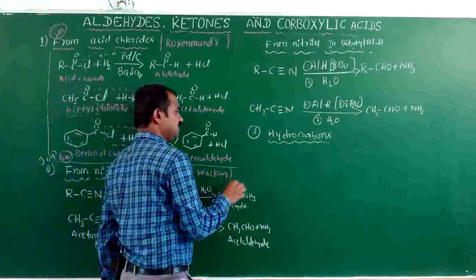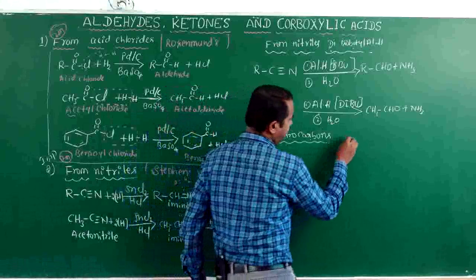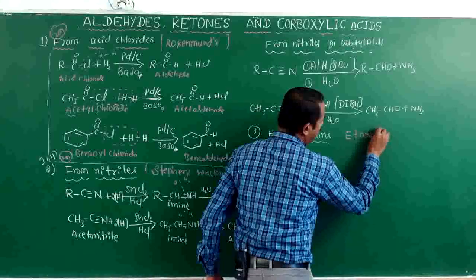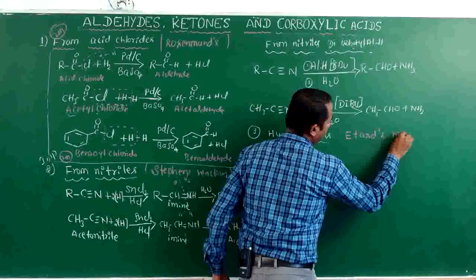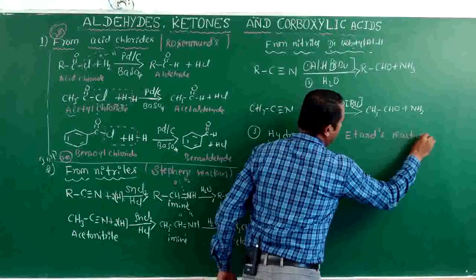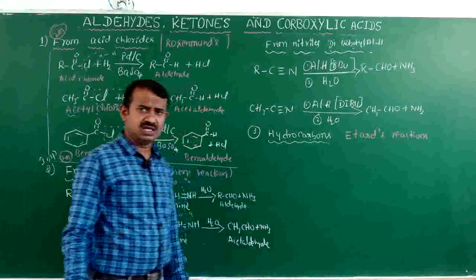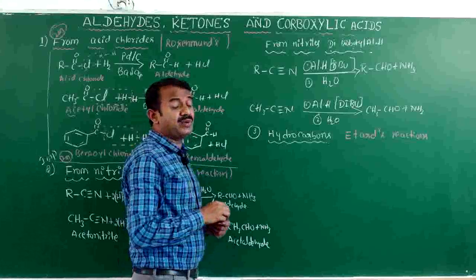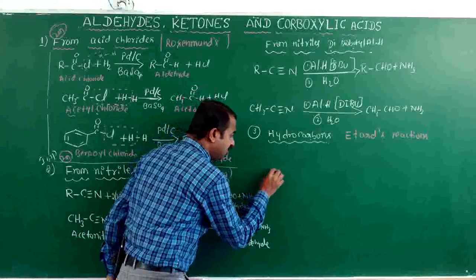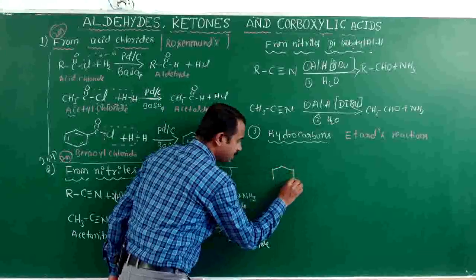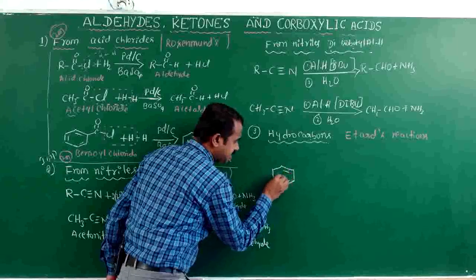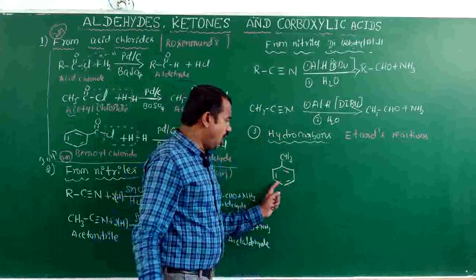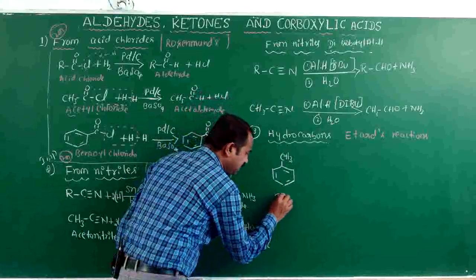From hydrocarbons means this is also one of the important reactions, called Etard's reaction. Here hydrocarbons means aromatic hydrocarbons. What is an aromatic hydrocarbon? Toluene, methyl benzene, is an aromatic hydrocarbon.